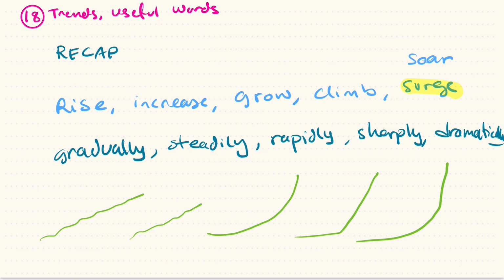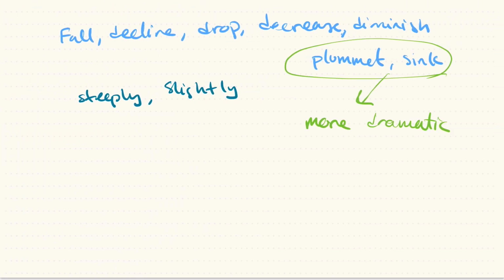So the prices soared 120%, let's say, and plummet or plunged and sink are more dramatic decreases. Generally, these are the most verbs you need to know to describe decrease.